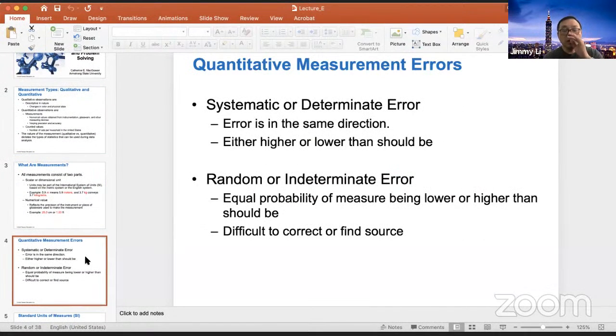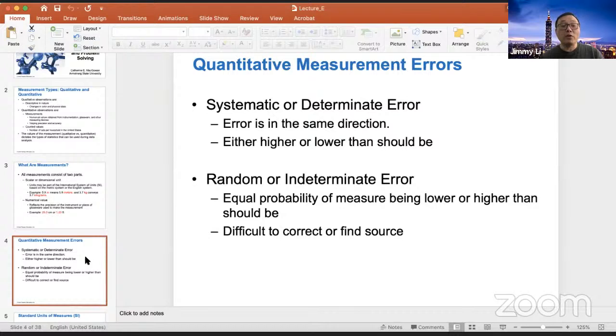Whenever we have measurements, one of the sections toward the end of a lab report, and I'm going to ask you to write this kind of lab report when you move to more advanced courses, writing a lab report is really, really common. On the last part of a lab report, the teacher tends to ask you to discuss errors, something we call error analysis.